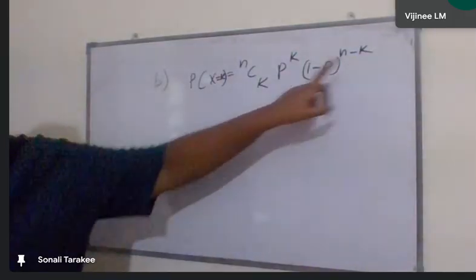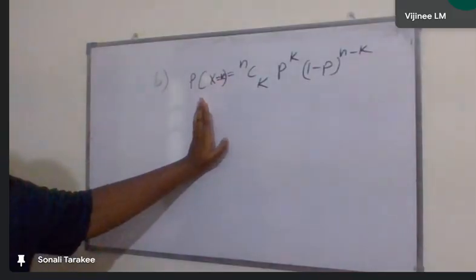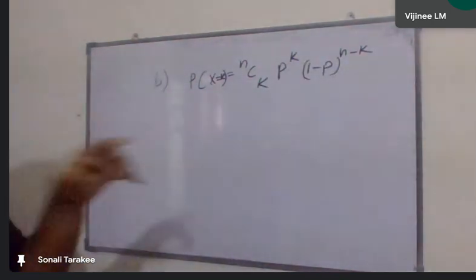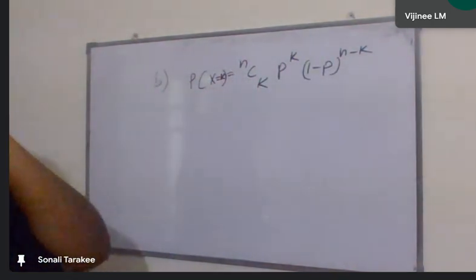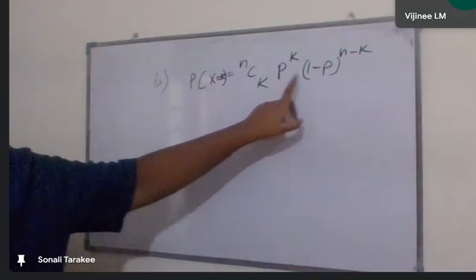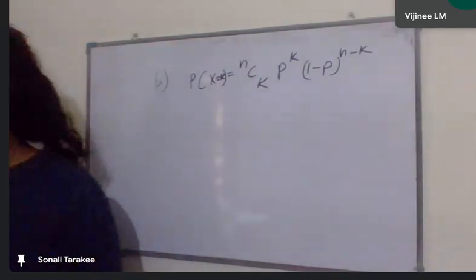Okay, k is the number here. That means if they are asking for 10 correct answers or like that, then k should be 10. Okay, n is the total number of questions, which is 18. p is the probability of success. 1 minus p is the probability of failure. Okay.